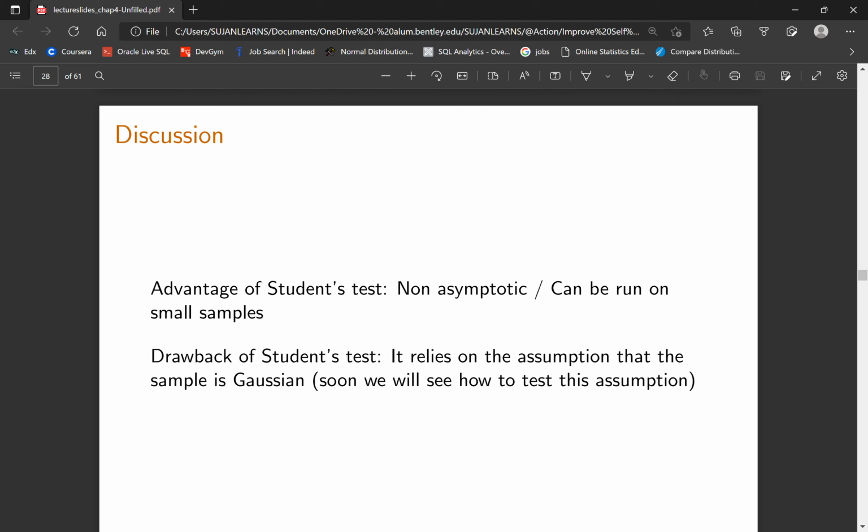Thus, when we are dealing with a small sample size, we have to rely on the fact that the data is Gaussian. But if the data is a large sample, we don't need to rely on anything.